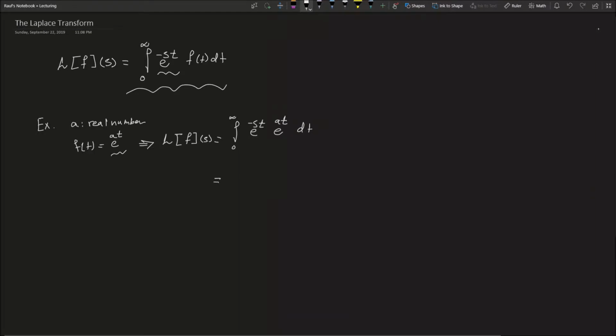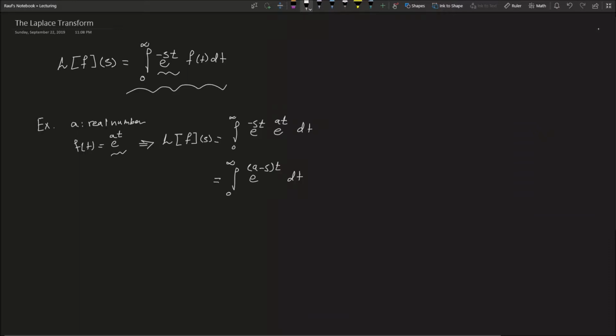Trying to simplify the form of the integration, we can say the integration from 0 to infinity again of e to the power of (a minus s) multiplied by t dt.